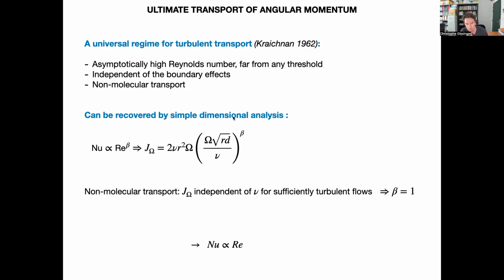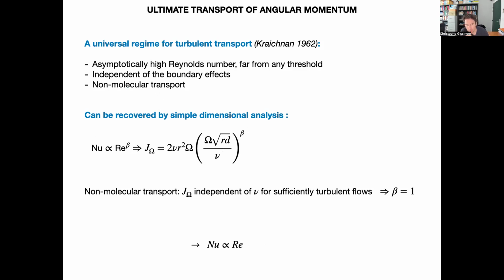It's very simple. You can see that by dimensional analysis actually. So we are looking for this scaling law, right? We're looking for the Nusselt number depending on the Reynolds number to some power beta that we don't know. So I rearrange these terms. So this is the Nusselt, J laminar, times Reynolds to the power beta.